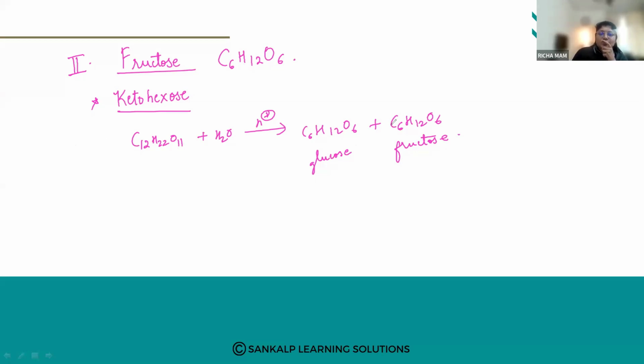So this is the preparation, and from this you can extract your fructose.